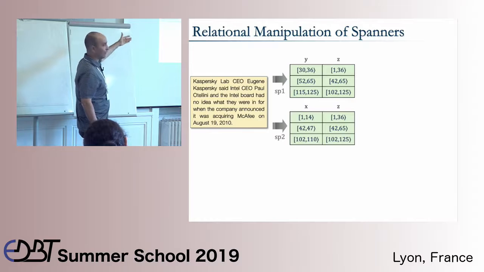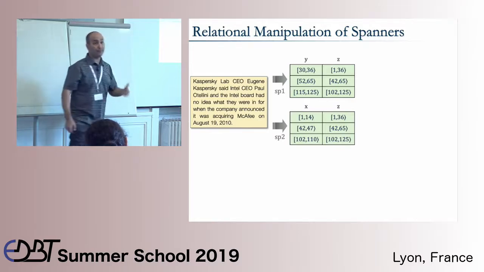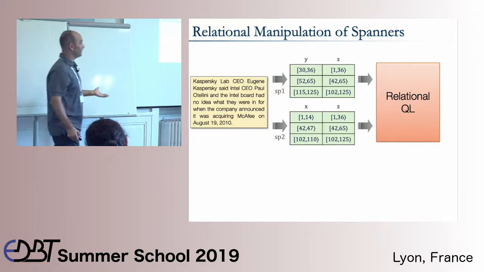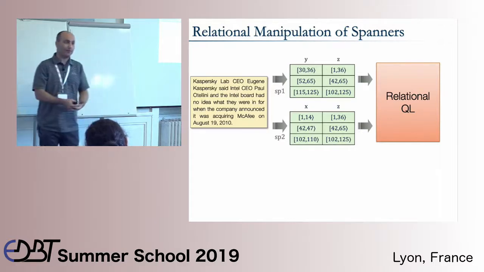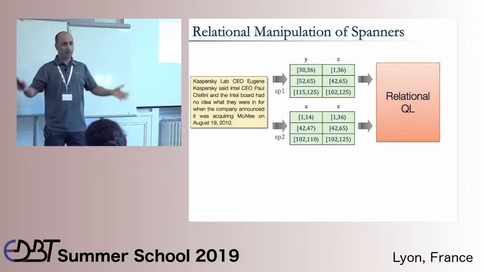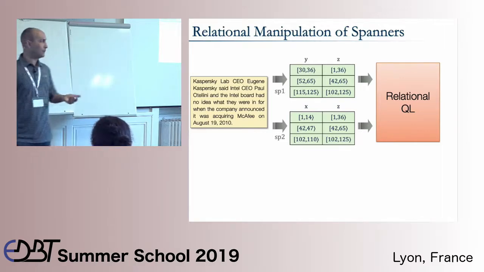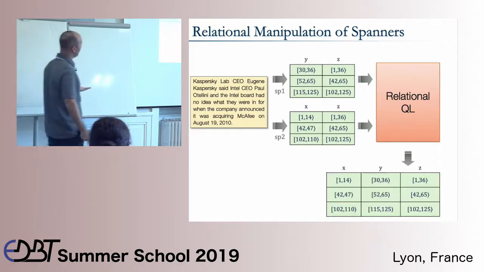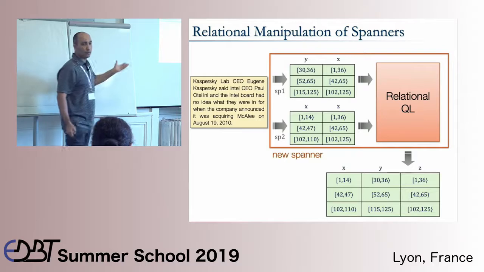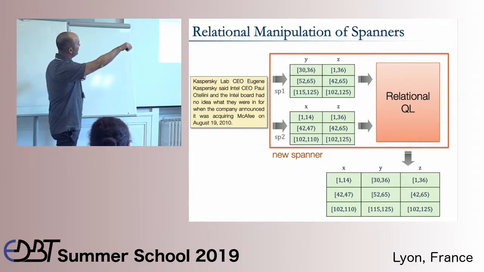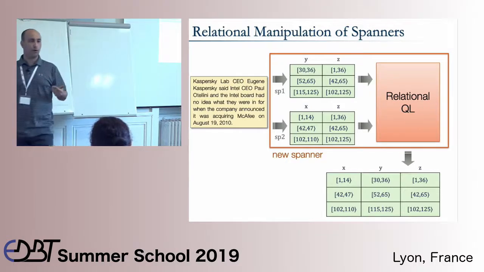You can apply a different spanner to the document, you get another table. But now you have two tables. You can apply a relational query language to these tables, whatever that is, relational algebra, SQL, and so on. And then you get a new table and a new spanner specification. It is the composition of spanner 1 and spanner 2 through the relational query language of choice.